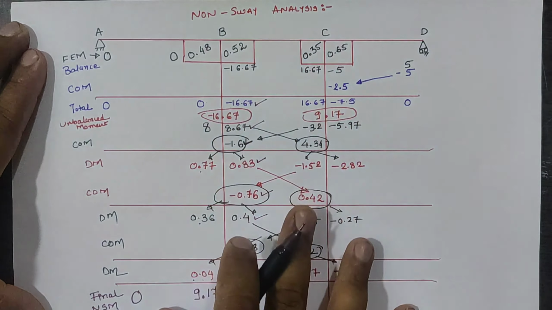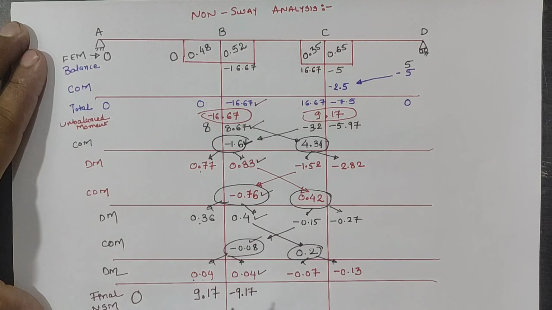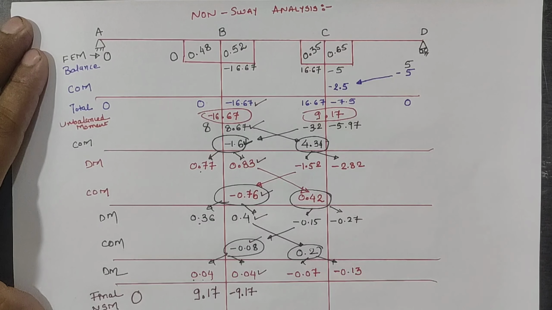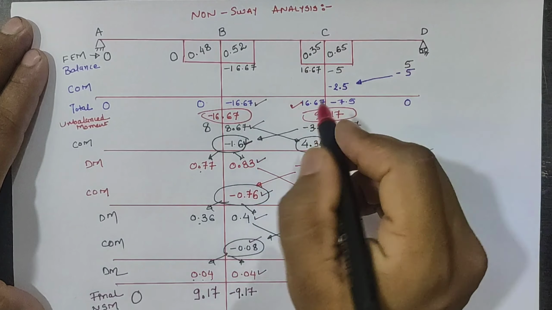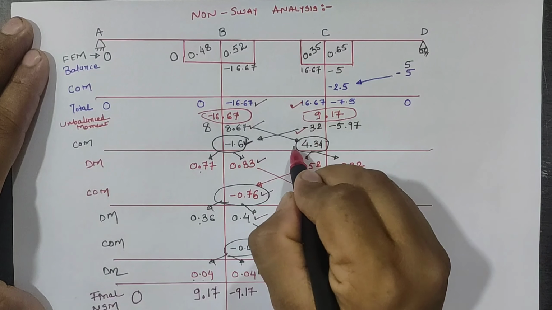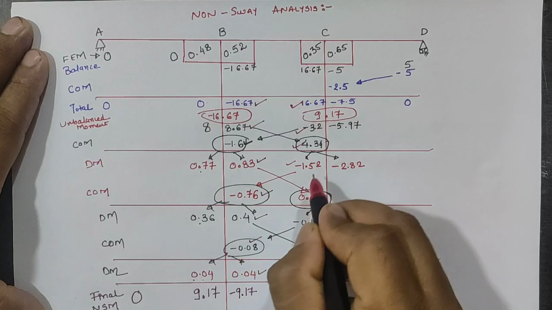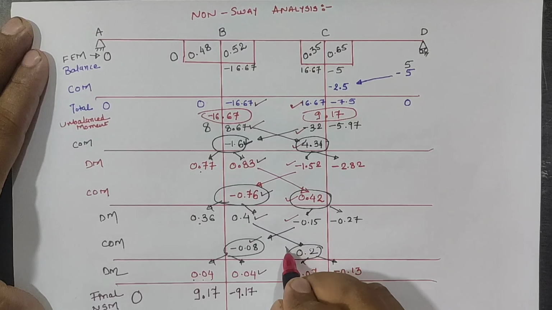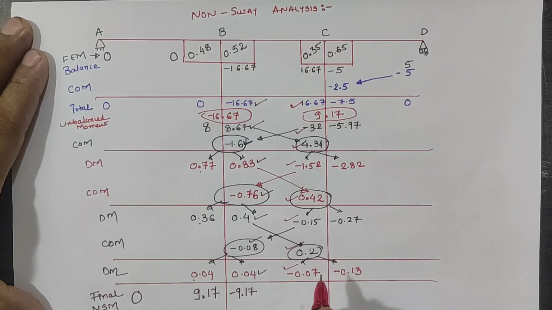Our distribution is okay when at each joint our values are similar but opposite to each other. Now at joint C, our value is 16.67 minus 3.2, 4.34 minus 1.52 plus 0.42 minus 0.15 plus 0.2 and minus 0.07, which is equal to 16.69.